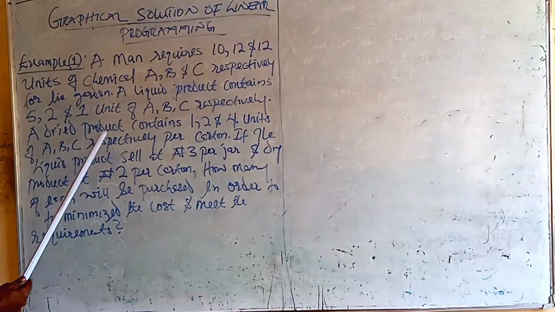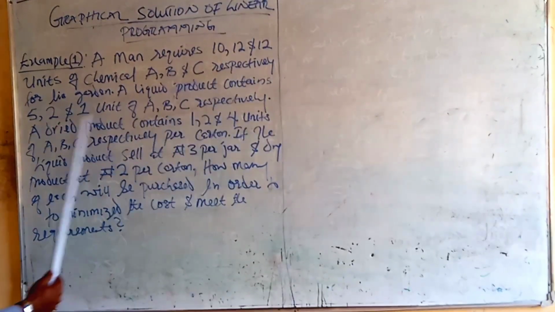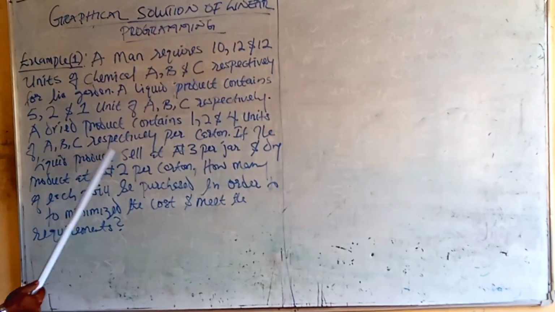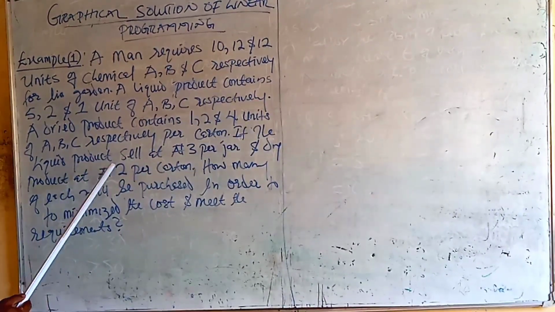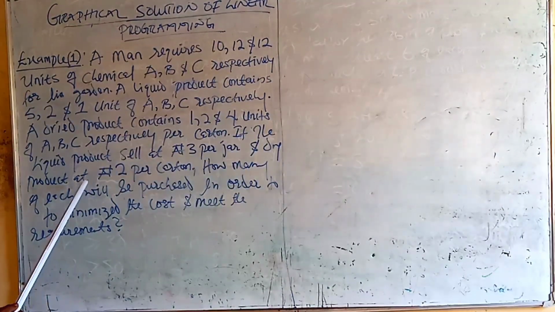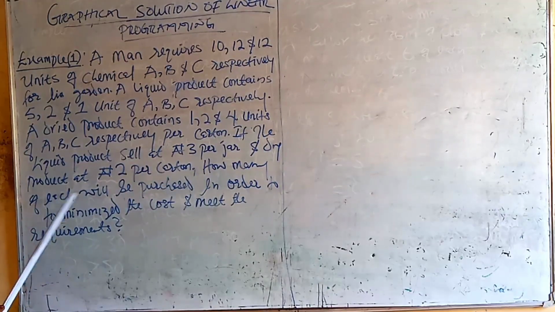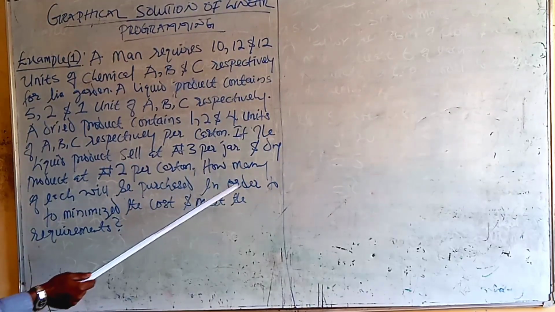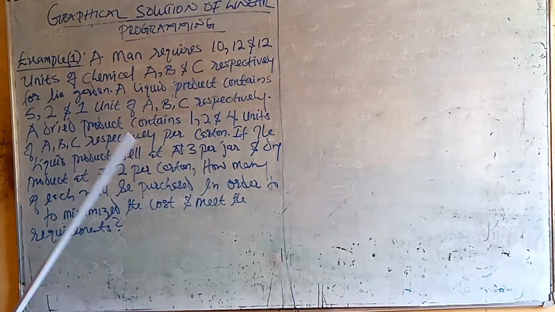A dry product contains 1, 2 and 4 units of A, B, C respectively per carton. If the liquid product sells at 3 naira per jar and the dry product at 2 naira per carton, how many of each will be purchased in order to minimize the cost and meet the requirement?